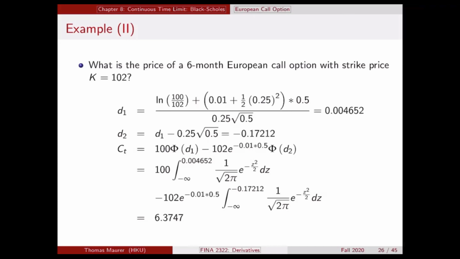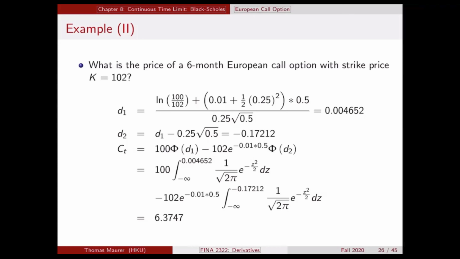So that's what you actually have to pay to receive the underlying asset if you exercise the call option. And that times the probability of being in the money now under the risk neutral probability measure Q, which is the standard normally distributed variable being less than minus 0.17212. So you can put this into a calculator if you have a calculator which can numerically integrate.